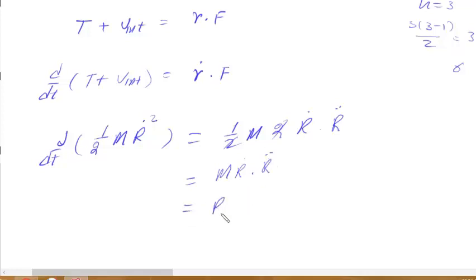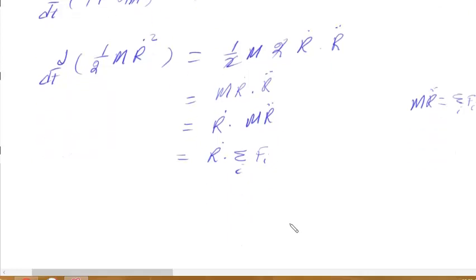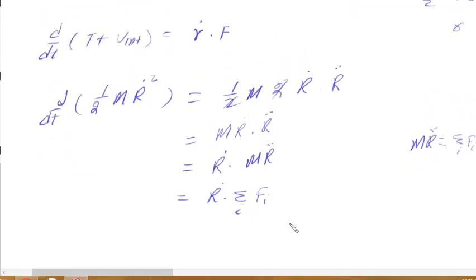Also we can write this as R dot F, where F is M R double dot, which equals the sum of the forces, the summation of Fi.